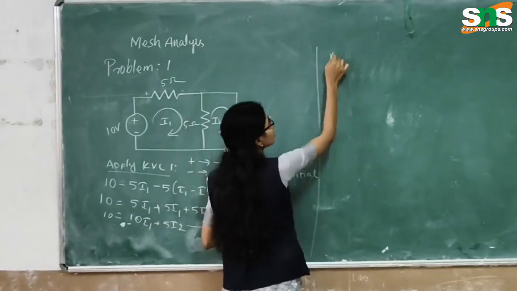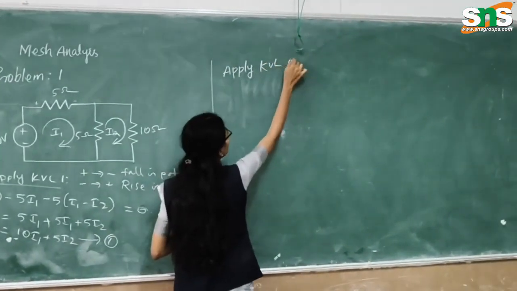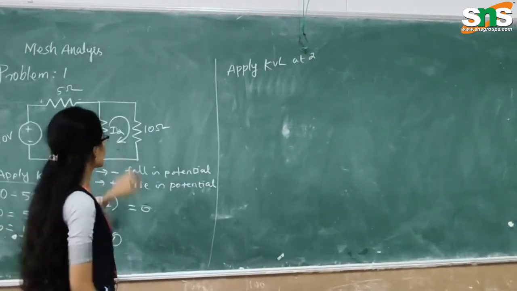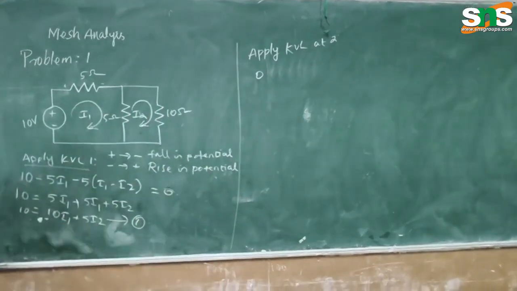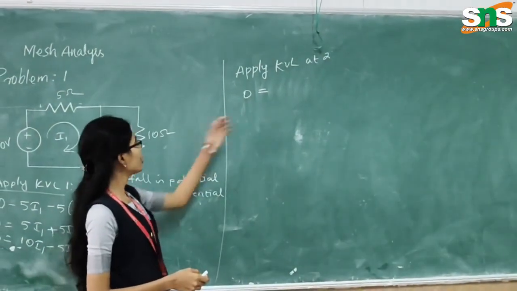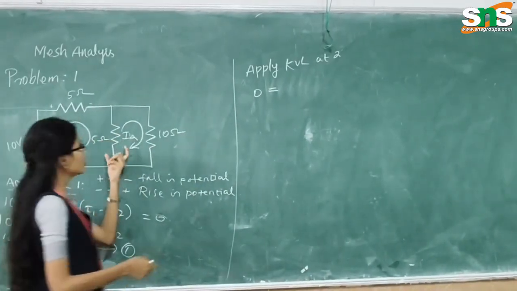Apply KVL at loop 2. So what we get is 0. Here we don't have any voltage sources, so we directly consider the resistances.